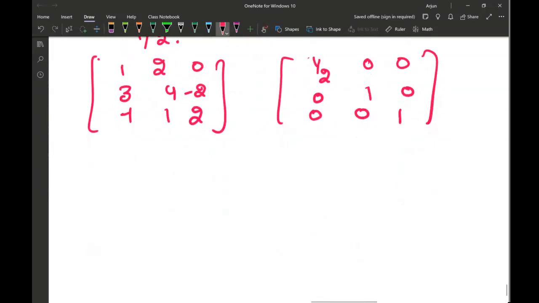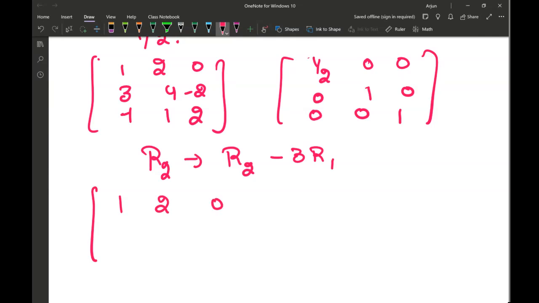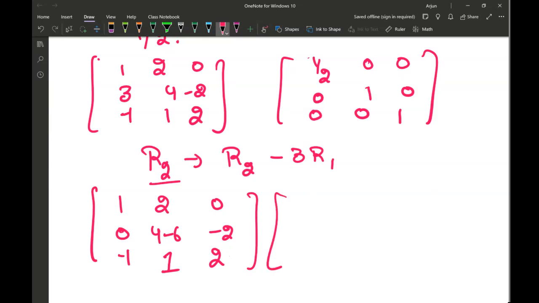The next operation is on R2: R2 minus 3R1. That will become 1 2 0 on the first row, which remains as it is, and the second row becomes 0 -2 -2, -1 1 2, with the right side -3/2 1 0, 0 0 1.